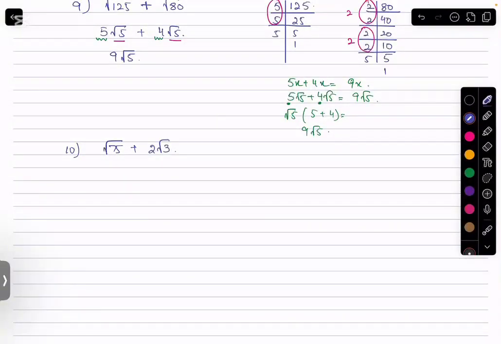So get the multiples of root 75 quickly. What is it? 3, 5, and 5.